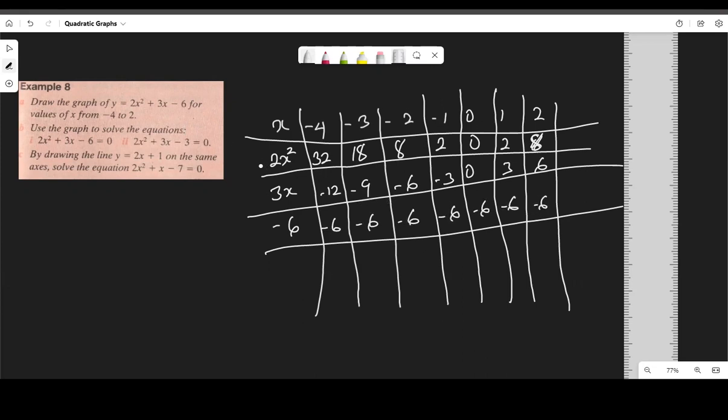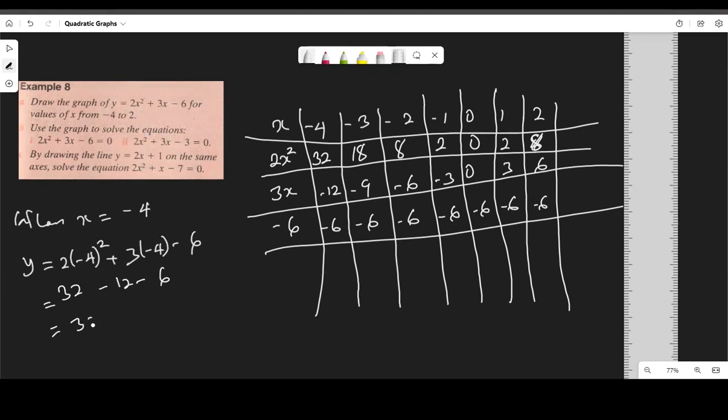And let's find the value of y when x is equal to negative 4, putting it here, y will be 2 times negative 4 squared plus 3 times negative 4 minus 6. Negative 4 squared is 16. 16 times 2 is 32. Minus 12 minus 6, which is 32 minus 18.